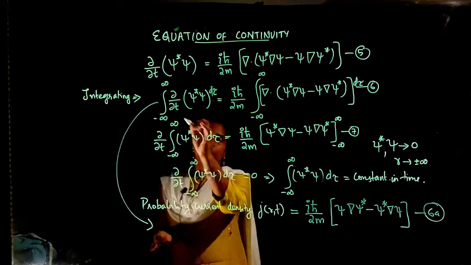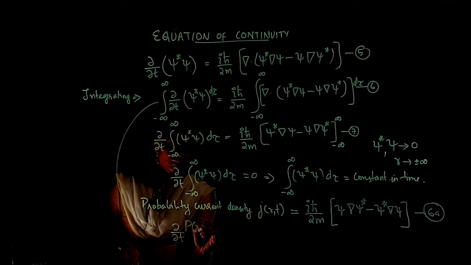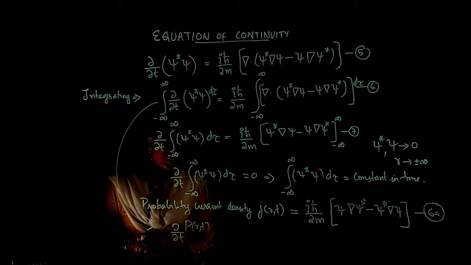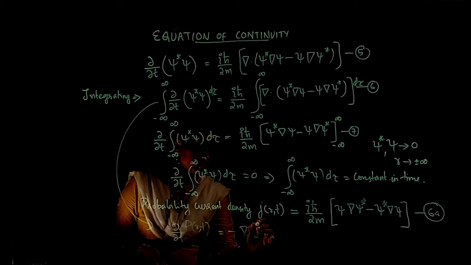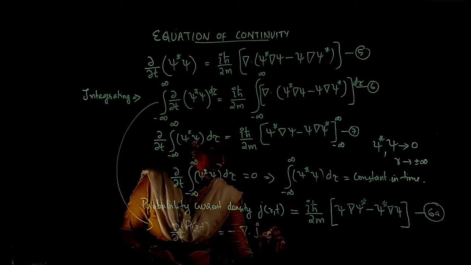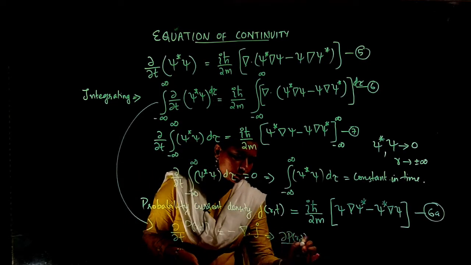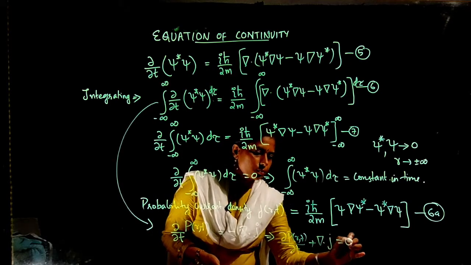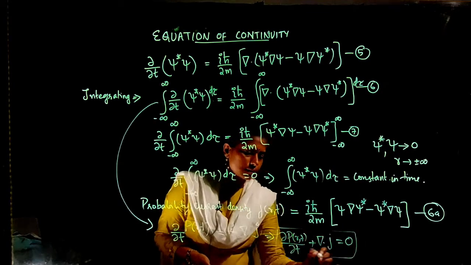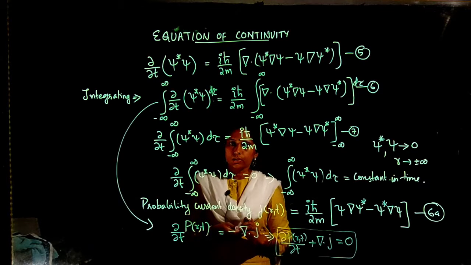Substitute 6a back into 6, we get ∂/∂t of P(r,t), because ψ*ψ is the probability density, is minus ∇ dot J. This can be simplified to write it as ∂P/∂t plus ∇ dot J is equal to 0. So basically this is the equation of continuity that we have obtained starting from Schrodinger's equation.